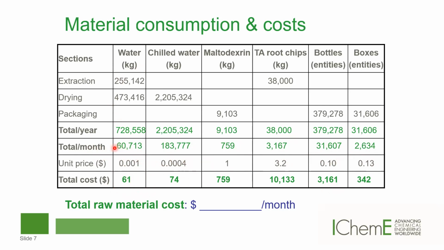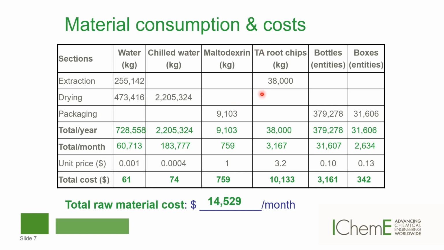The unit price is dollars per material. Simply multiply this column with this one to give you the total cost per month, and then add everything, you'll get the total raw material cost. So far is it clear?